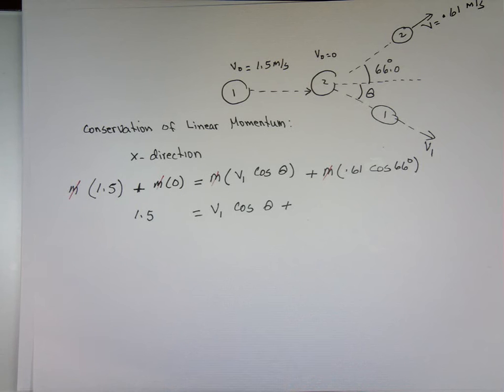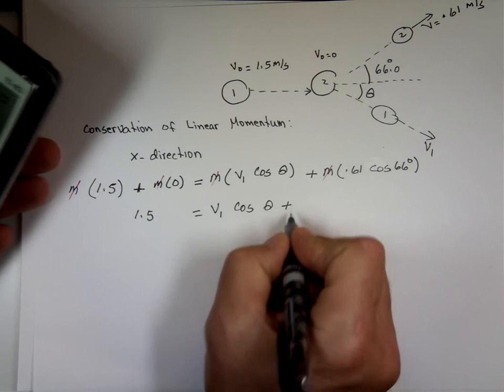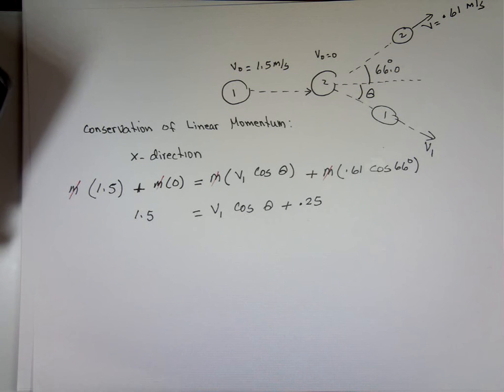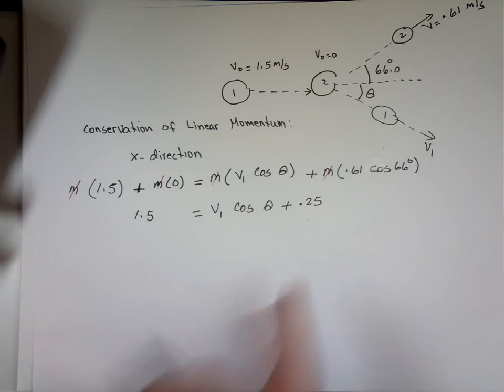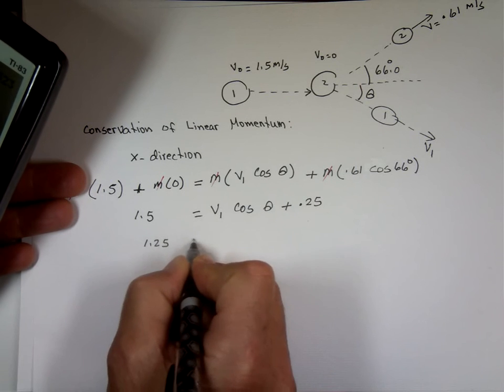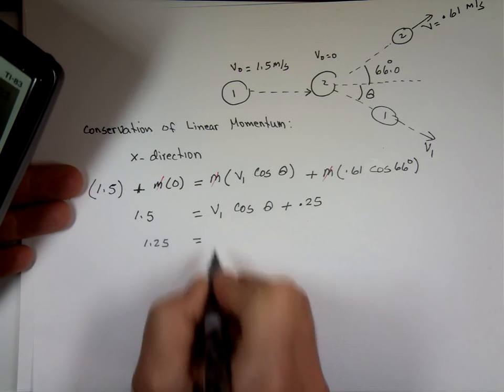Let's fix this. 0.61 times cosine 66 is 0.248. 0.25 is good. Bring the 0.25 to this side. 1.25 equals what? v1 cosine theta.